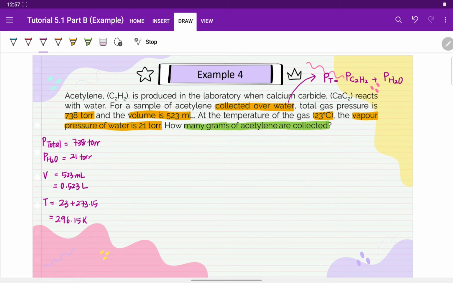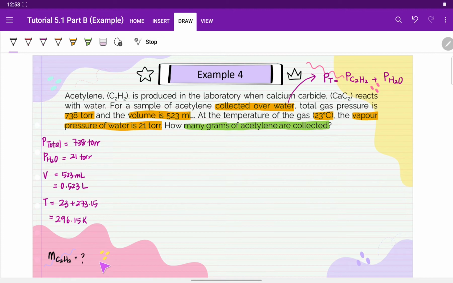Okay, so these are the information yang kita ada. Okay, now, apa yang kita mahukan? Kita nak cari mass of acetylene. Maksudnya kat sini, kita nak cari mass C2H2. Okay, berapakah mass dekat sini? So, for us to find the mass, okay, so awak kena fikir, nak cari mass. Macam mana nak cari mass? So, kita boleh gunakan molar mass. Number of mole, darabkan dengan molar mass.